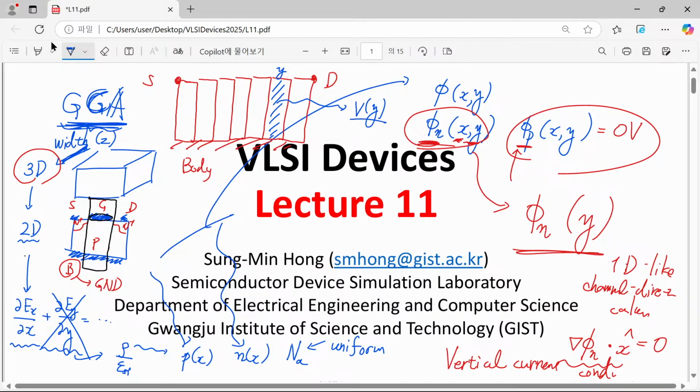So once we have this fixed electron quasi-Fermi potential, the calculation of electron density can be done quite easily, quite similar to that of the equilibrium case, only shifted by this electron quasi-Fermi potential. That was the main finding of our previous lecture.